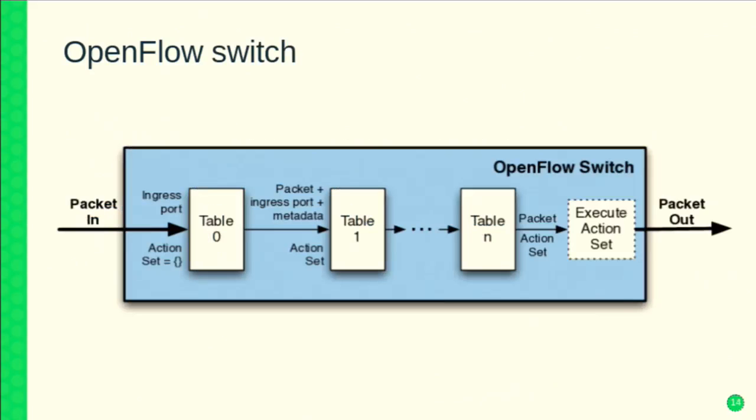I will explain very briefly, because if you want the details, they are very interesting, but I will try to give you just an idea of how an OpenFlow switch works. So we have tables of flows. They have numbers, and of course you go from 0 to n. When a packet comes in, the first thing the switch does is try to see if it matches any flow that is installed.